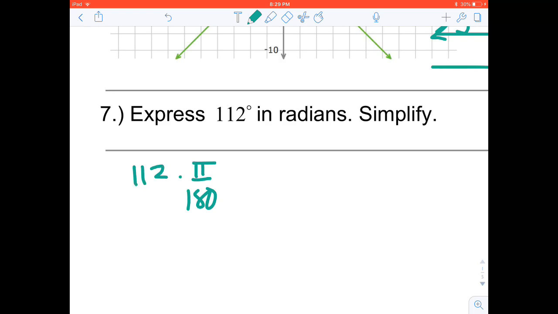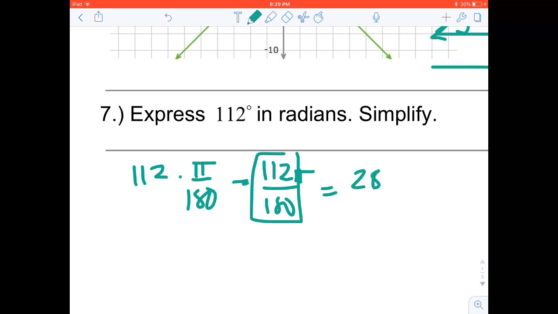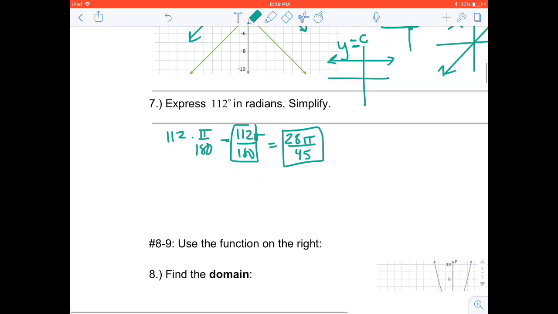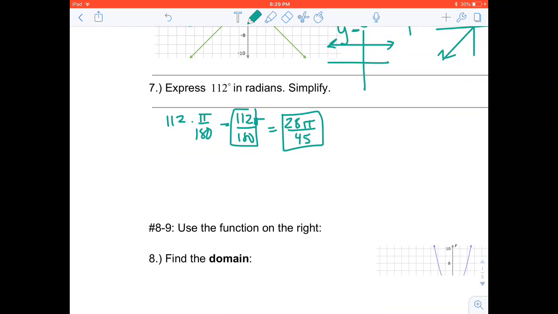And now this just becomes 112 pi over 180. But I need to simplify that part of the fraction. The pi we can't really simplify, but 112 over 180 is going to equal 28 over 45. And then I just put that pi there. So that is now 112 degrees in radians, 28 pi over 45.